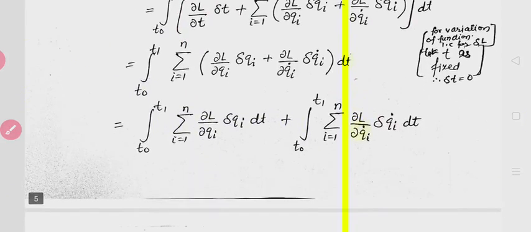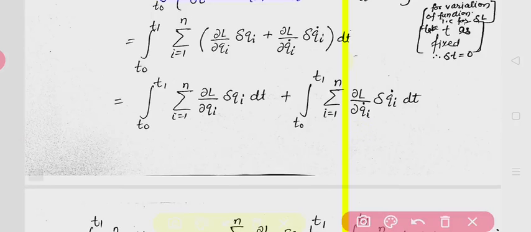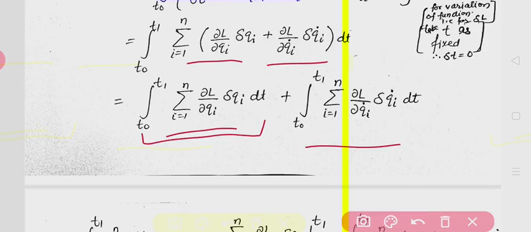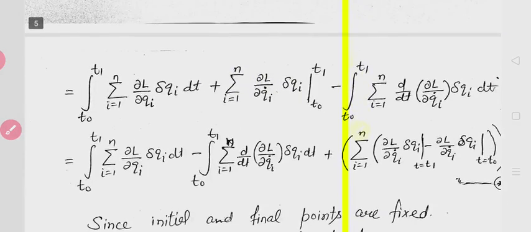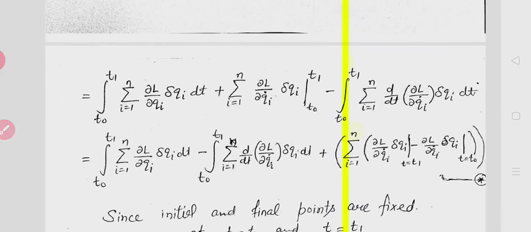If we separate the integral of this term plus the integral of this term, I take this one. Keep this as it is, and we open the integral. The integral of the summation can be written as the summation of the integral. So there are two terms, and we take the integral by using integration by parts.